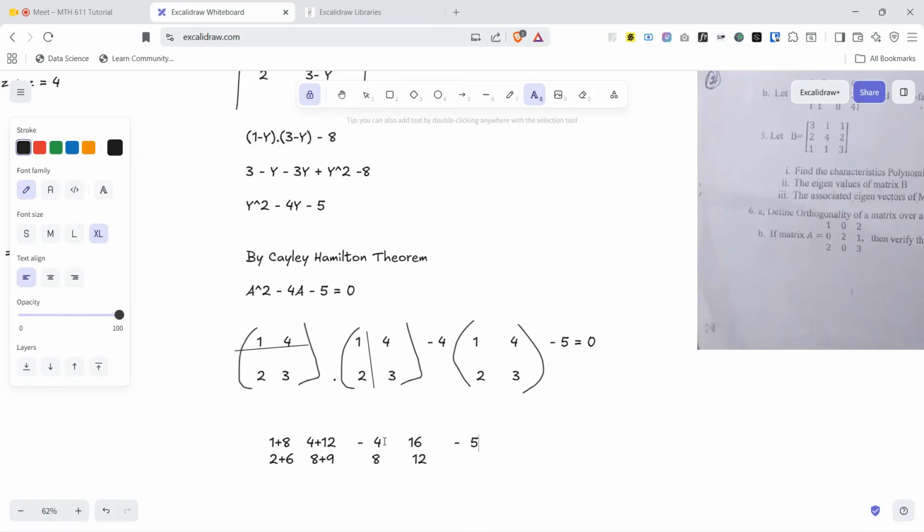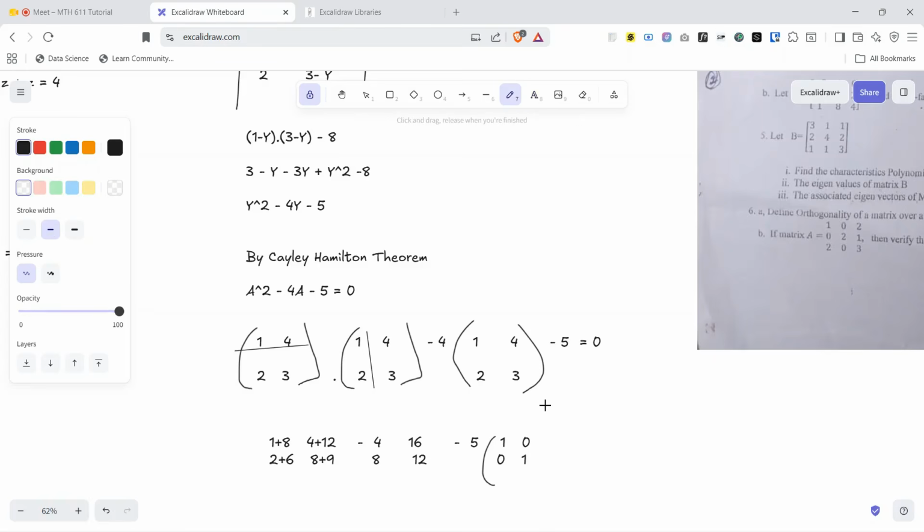Right? So minus 5 is going to be 5 into, I did not write this. This is supposed to be 5 into the identity matrix, let me write it here instead: 1 0, 0 1, because it's a matrix. So this is 5 in matrix.